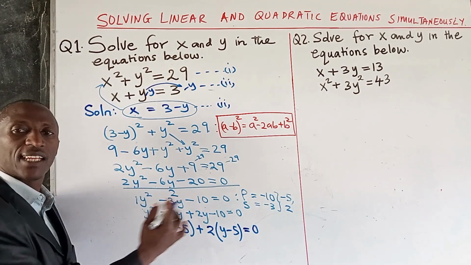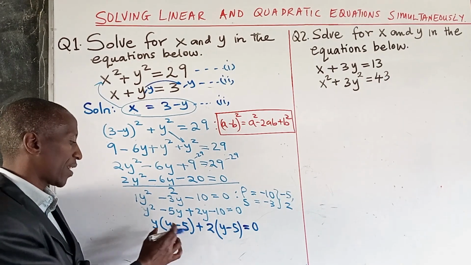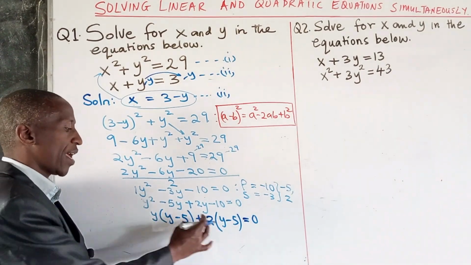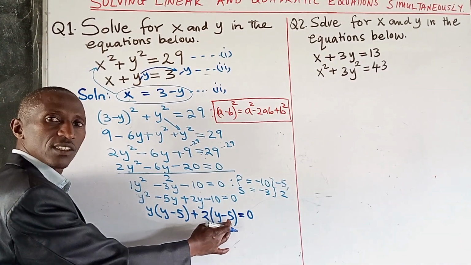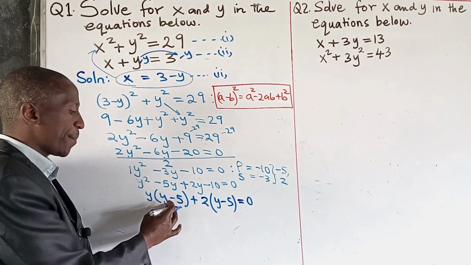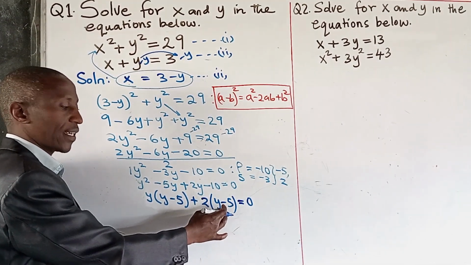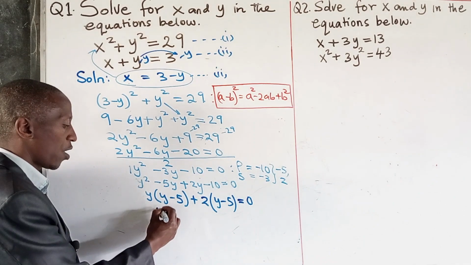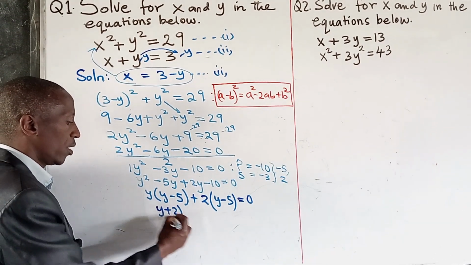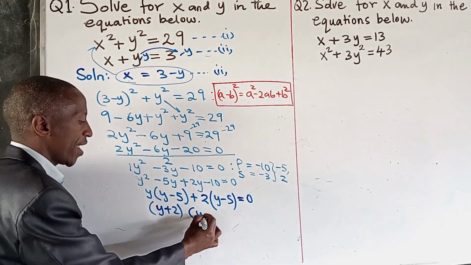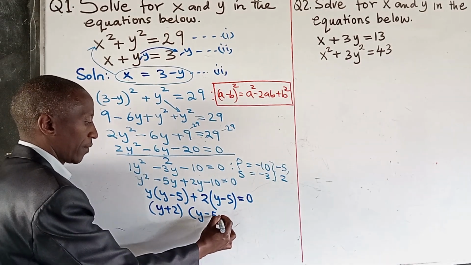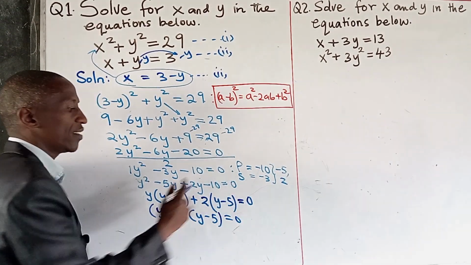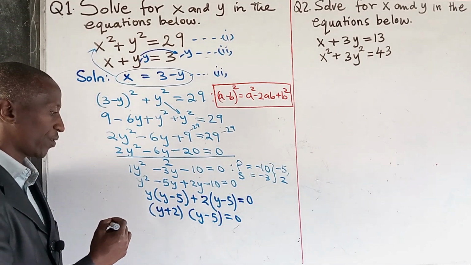At this point, let's put like terms together. This is a multiplier to this, and this is a multiplier to this. The y minus 5 are common factors. So that gives us y plus 2 and y minus 5 as the factors to this quadratic equation.